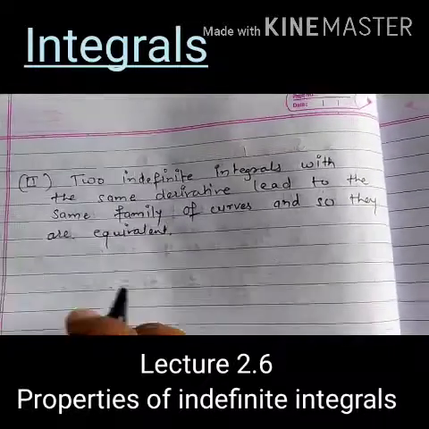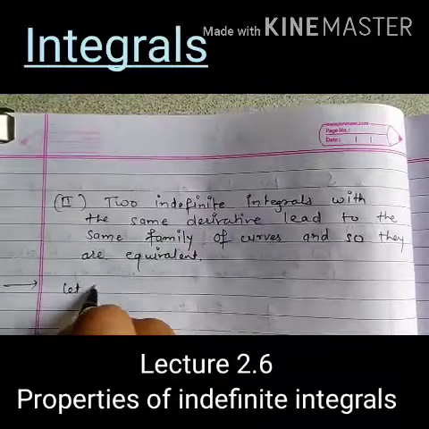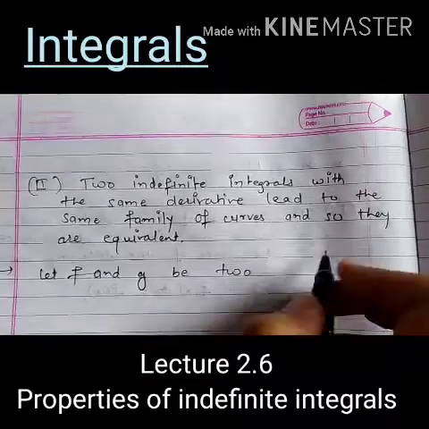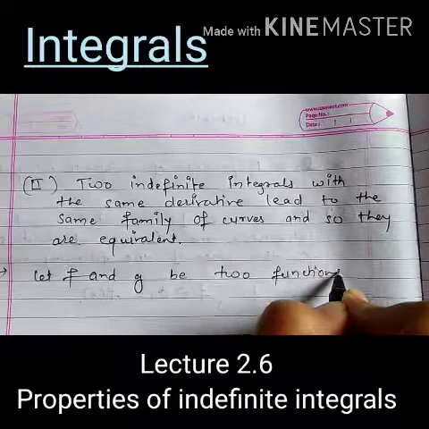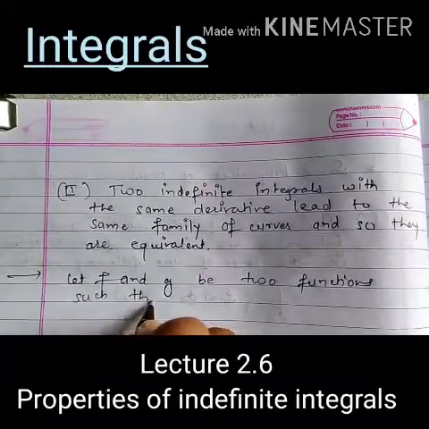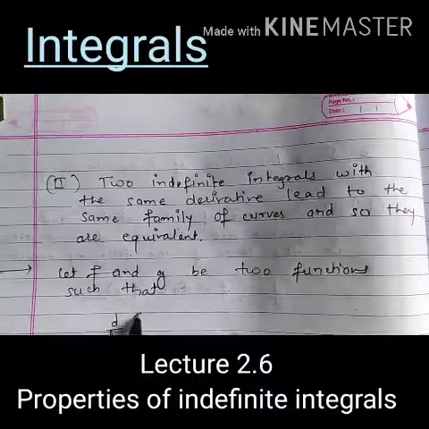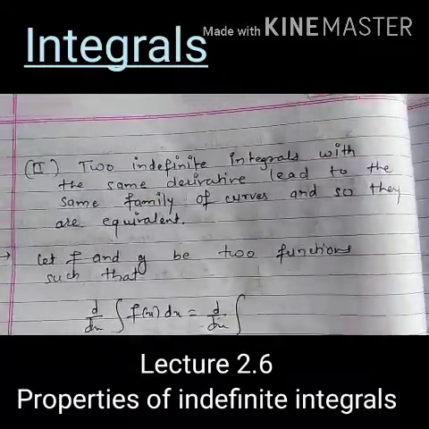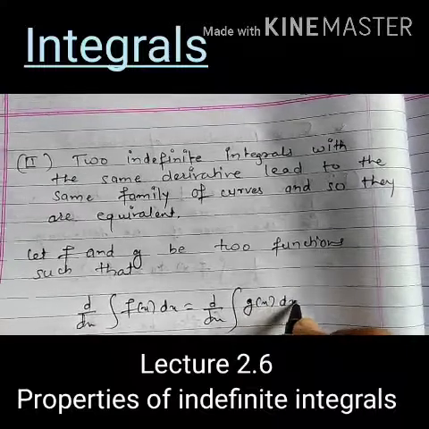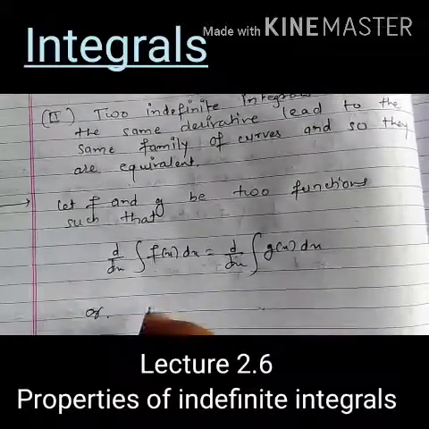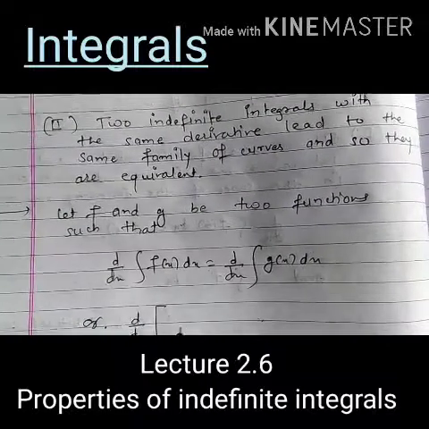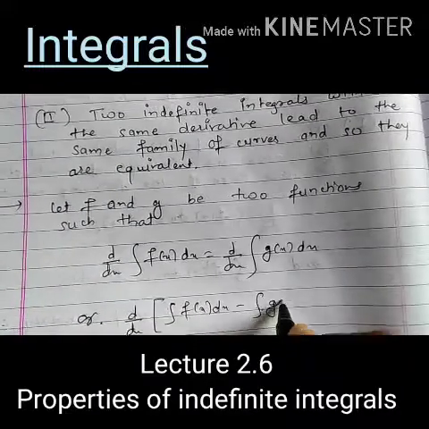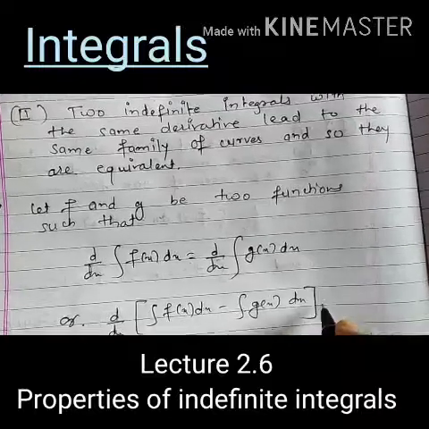In the proof, we'll consider f and g to be two functions such that d by dx of the integration of f of x dx is equal to d by dx of the integration of g of x dx, or you can write this as d by dx of the integration of f of x dx minus the integration of g of x dx equal to 0.